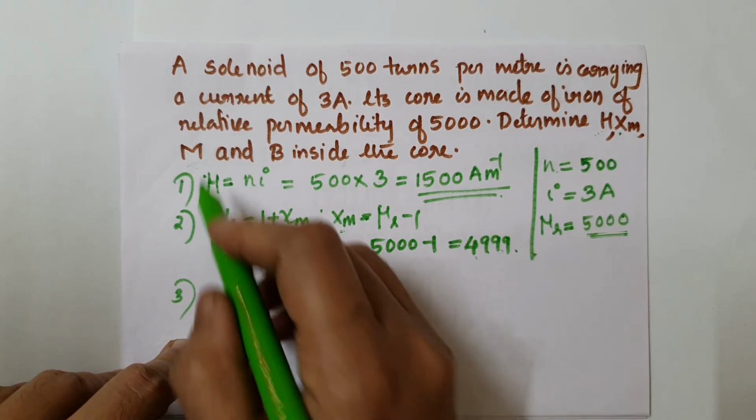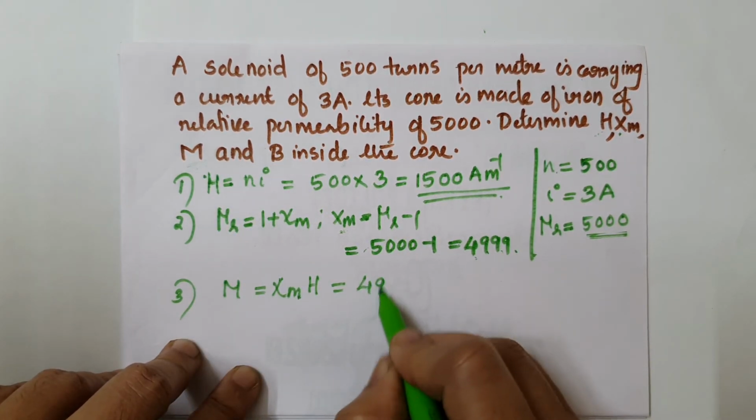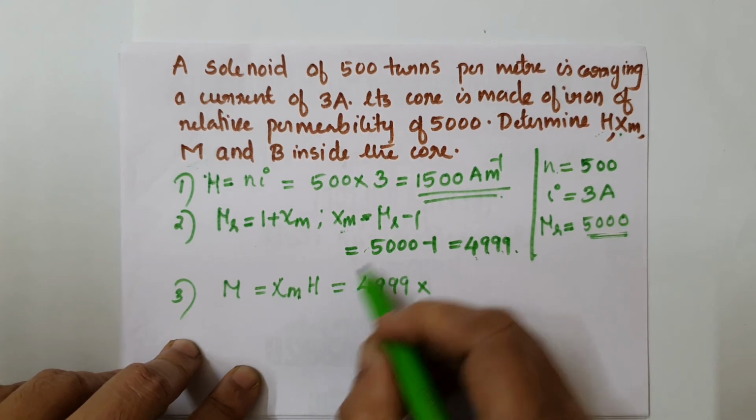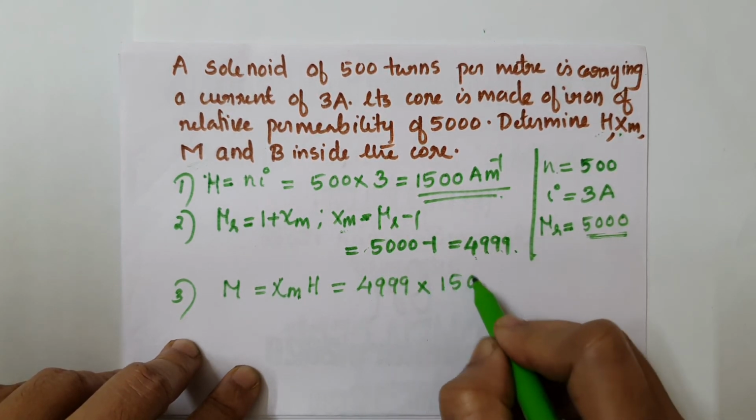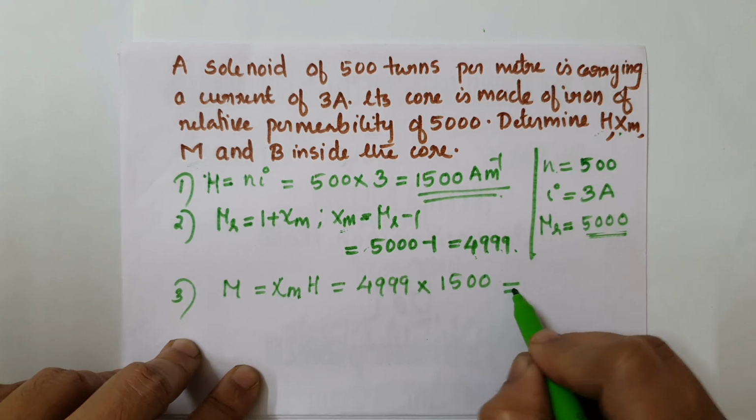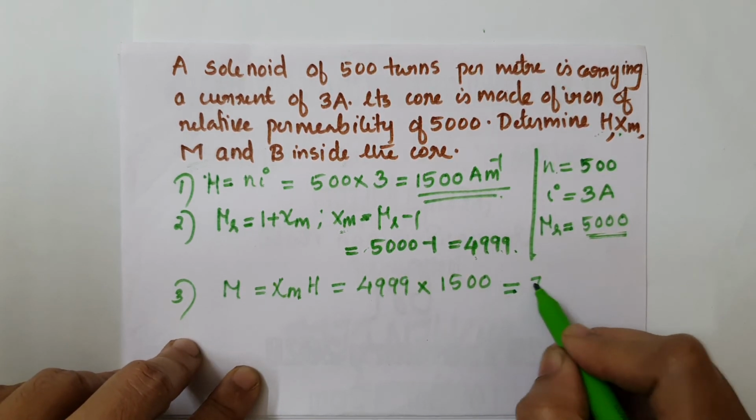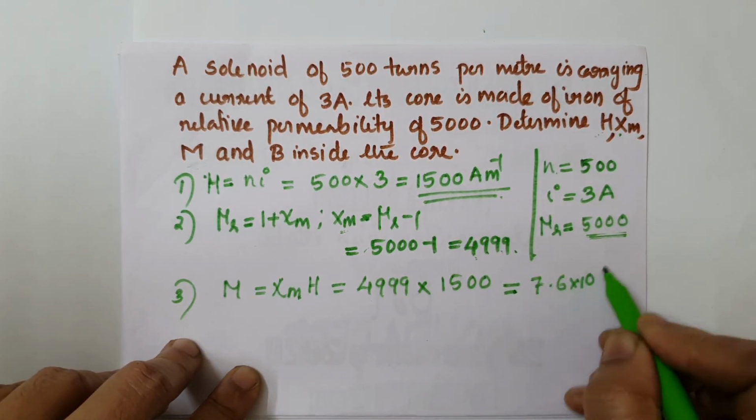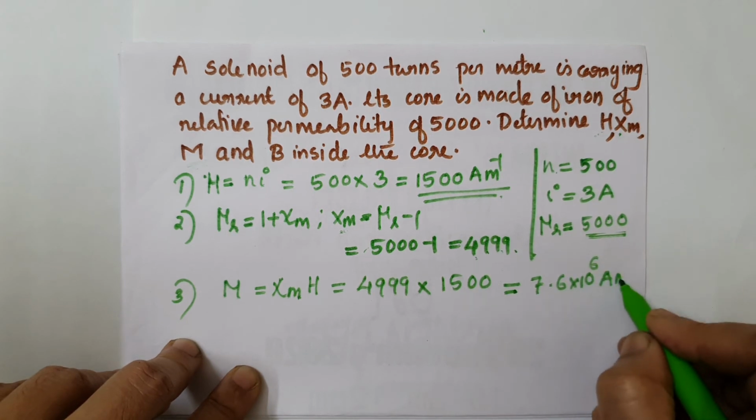Therefore, M will be 4999 into H, which is given as 1500, and it will give 7.6 into 10⁶ ampere per meter.